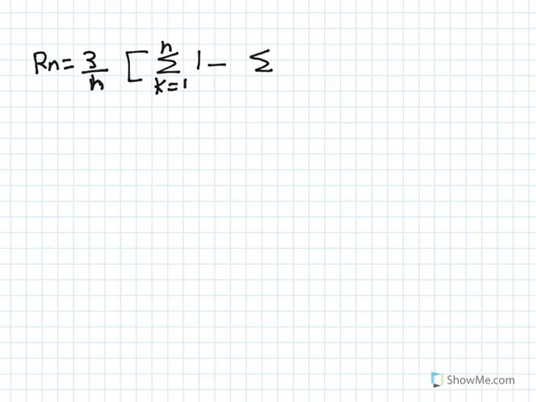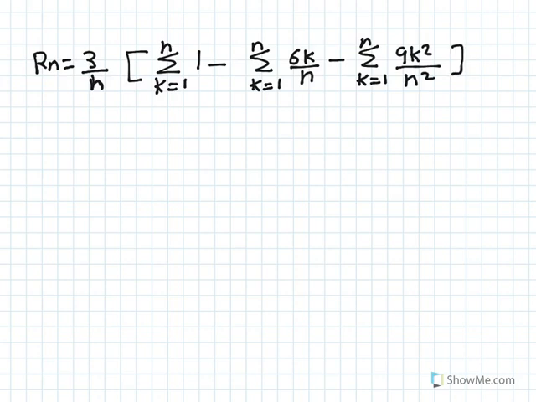Rn is equal to 3 over n, summation, k goes from 1 to n, of 1, minus summation, k goes from 1 to n, of 6k over n. We're splitting up the summations, minus summation, k goes from 1 to n, of 9k squared over n squared.